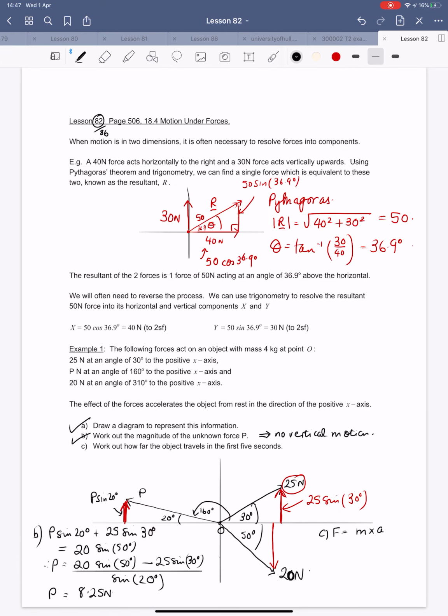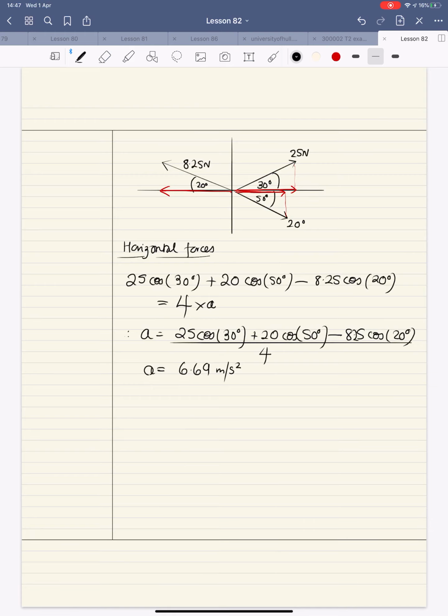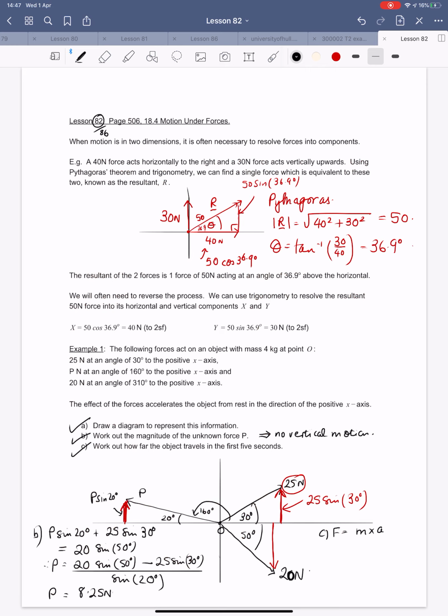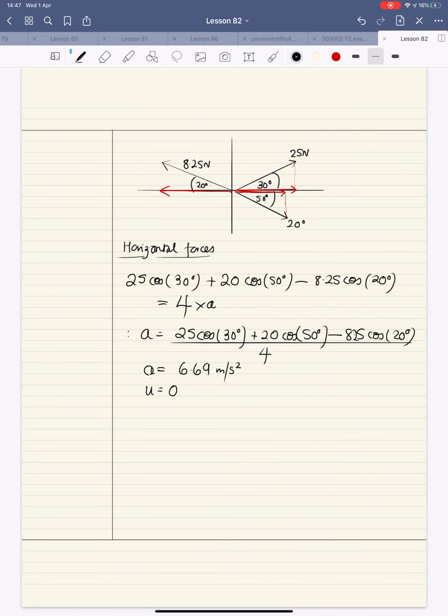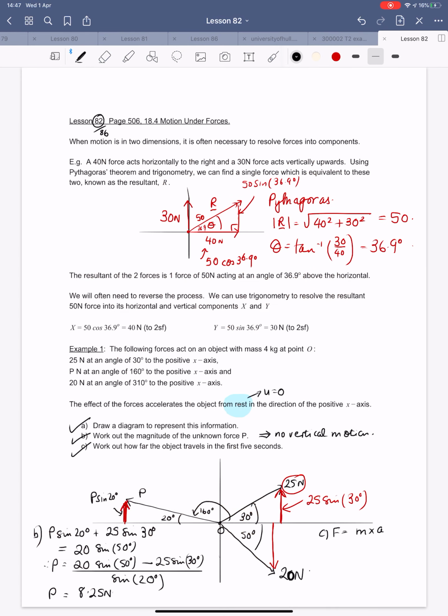What's the question say? The magnitude of the, I've done that one, how far it travels. So I've got the acceleration. It starts off with u is 0, because this question is from rest. That means that u is 0. A is that one. T, it's 5 seconds, look.